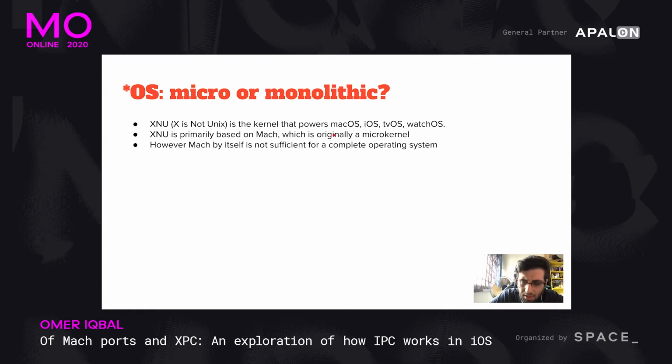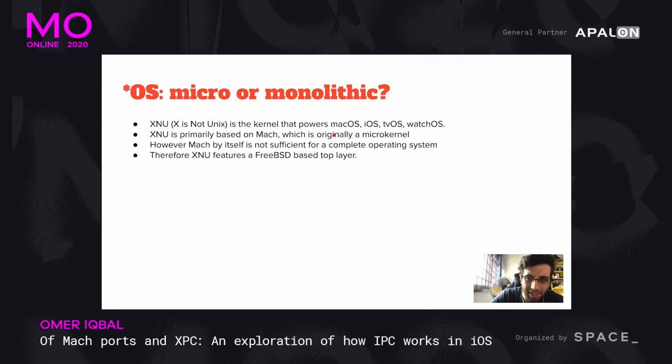So what these guys did with XNU was they used FreeBSD, which at that time was a good open source operating system implementation. They used FreeBSD as kind of an upper layer over the Mach lower layer, sort of.